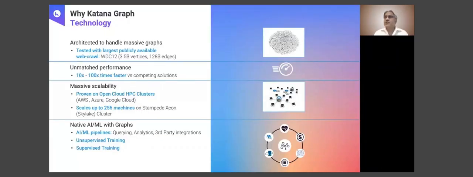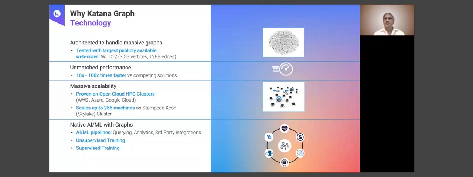So this brings us to Katana Graph. So what do we do? Well, at the heart of our system, and I'll show you a cartoon diagram of our system on the next slide, we basically have a scale-out graph engine that is optimized for doing analytics, for doing AI, machine learning on very large graphs.